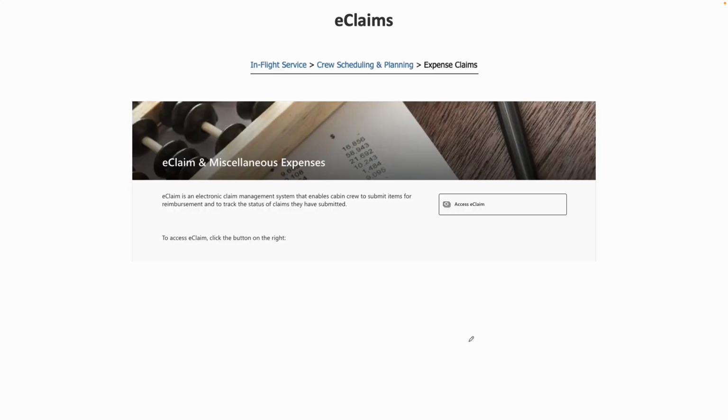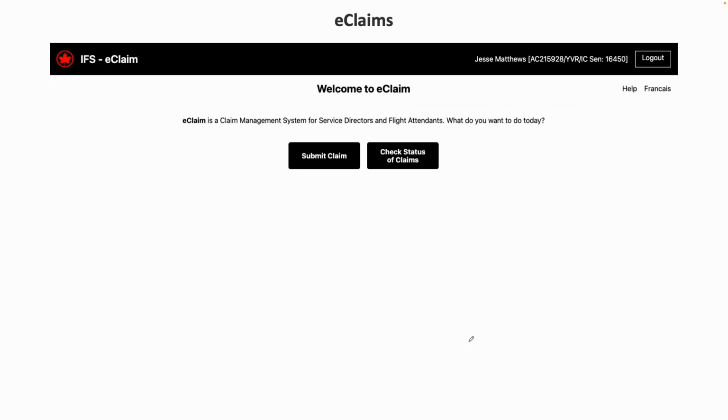eClaims can be accessed by logging into AeroNet, going to in-flight service, crew scheduling and planning, and then expense claims. You'd click on the Access eClaim link and then log in using your employee ID and your password. eClaims has two major sections.